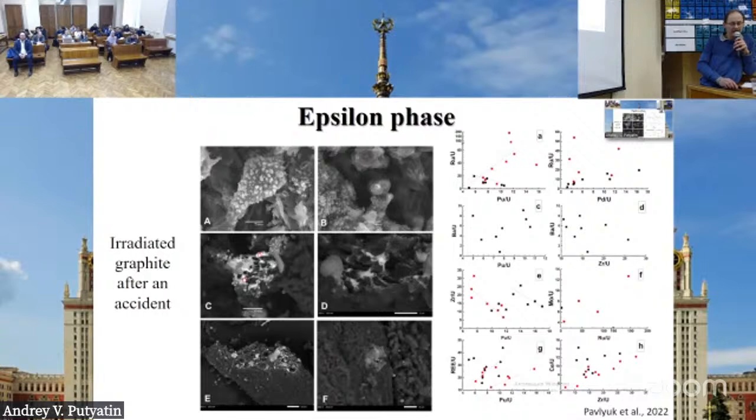but this is a very peculiar type of irradiated graphite from one of the Russian reactors, which was operating for 50 years, and it underwent certain accidents when the whole core, first of all the fuel cladding, was destroyed, so there was an accident, fuel went into the graphite, and then the reactor core was filled with water.